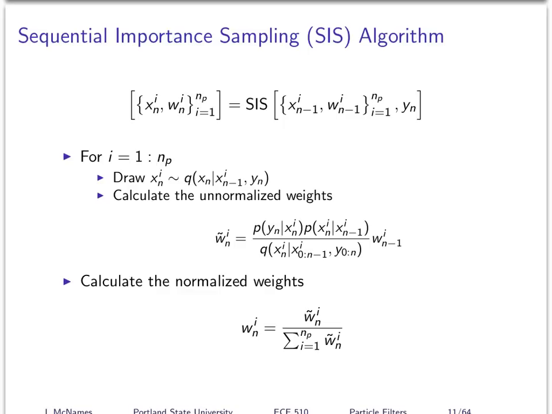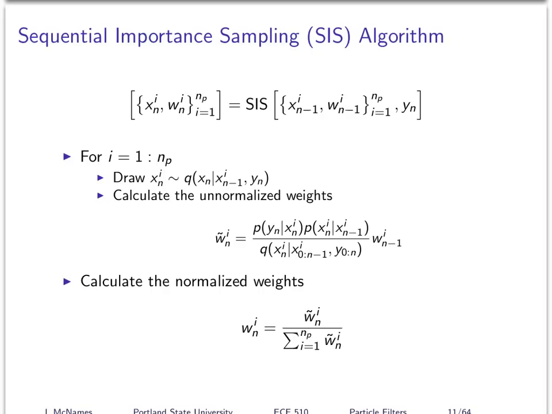So the simplest form of a particle filter is no more than what I've represented on the slide. It's like 3 equations, maybe 2 equations, really. At each time step, and I should say even at time step 0, before you have any measurements, you've got to draw from some Q, so there's a way that you've got to initialize this. But at each time step, you draw the next value of each of your particle trajectories.